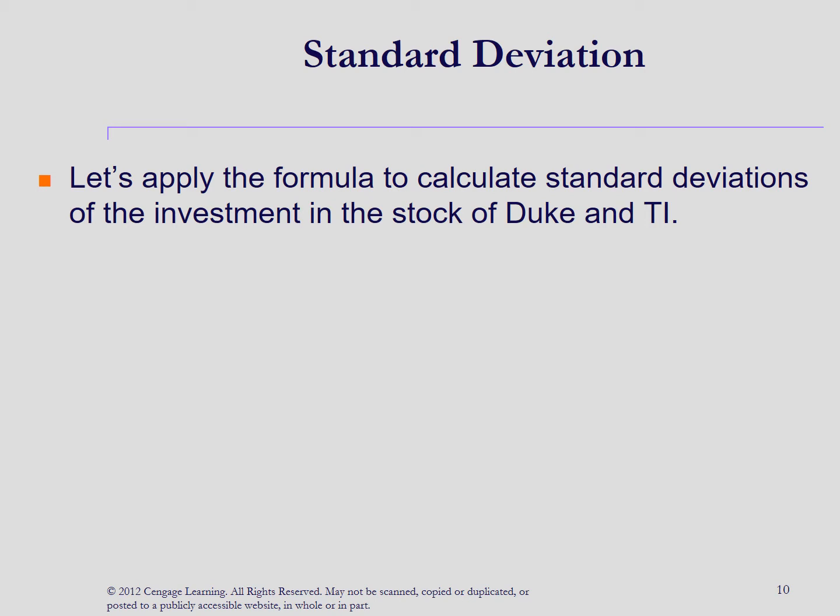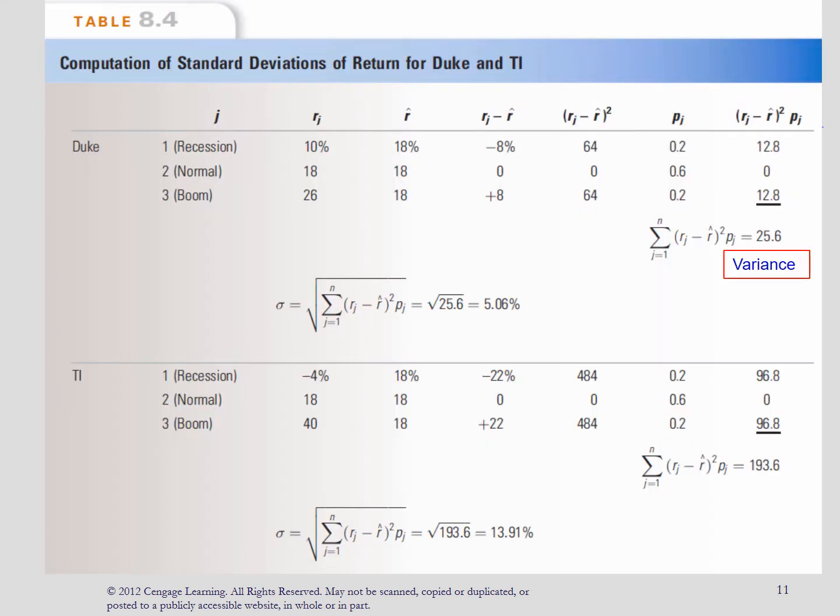Next, let us illustrate how to apply the formula to calculate the standard deviation. Let us use Duke stock to illustrate. The expected return is 18% from our earlier calculation. The deviation of the first possible investment return from the expected return is 10% minus 18% equal to negative 8%.